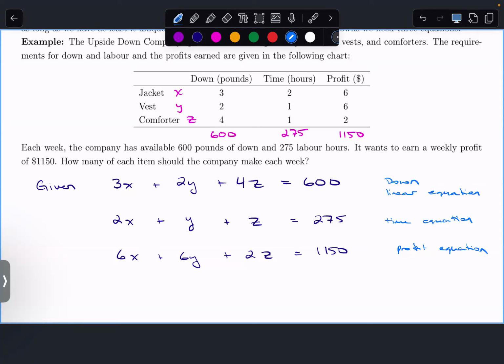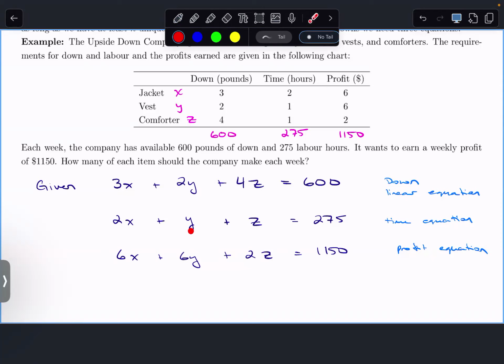There are many different ways to solve this. So I do want you to try it just for a little bit. You can use elimination if you're familiar with it, but I like to use substitution. In general, I like to solve for one of the X's, Y's, or Z's, and usually I pick something convenient.